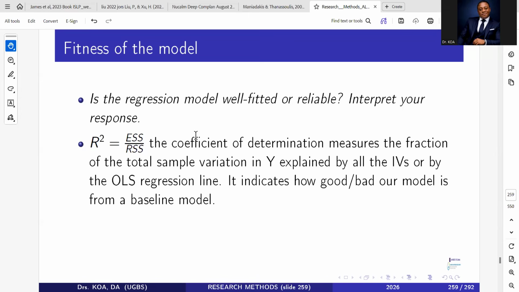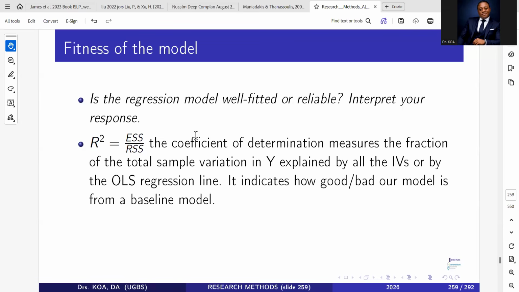So you use the R squared to determine whether the independent variables you selected are good, and therefore the model is good or is not good. If the independent variables are not good, it will be shown in a very low R squared. If the regression model is well fitted or reliable or dependable, then the R squared should be bigger than 50%.